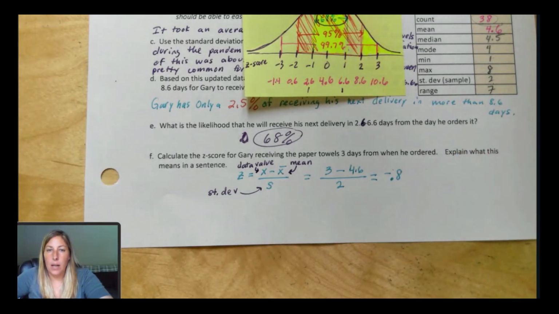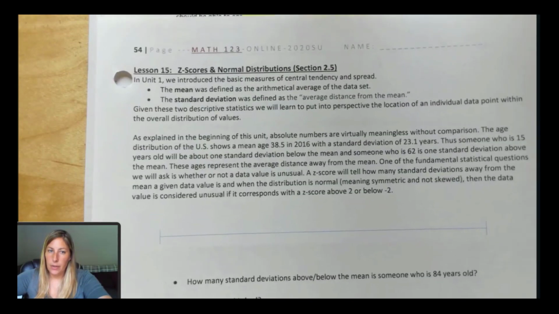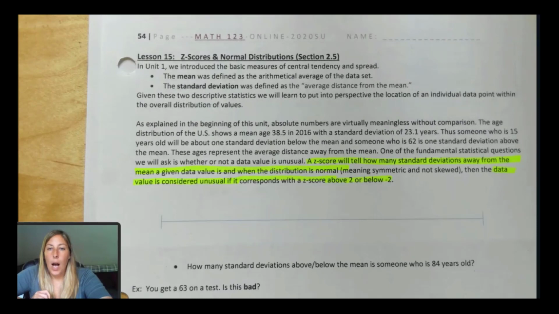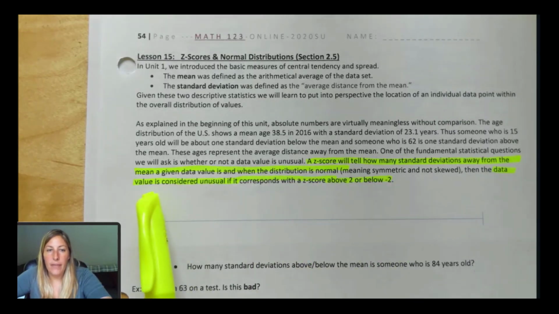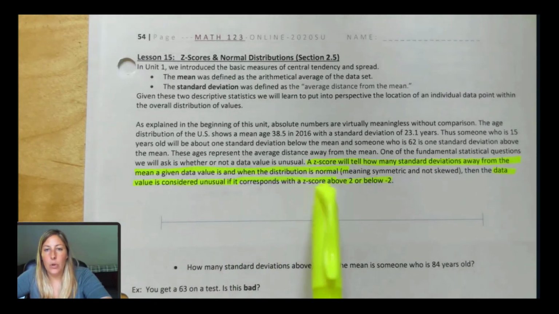Now we need to understand what this means. Let's go back and look at the definition on page 15. A z-score is going to tell us how many standard deviations away from the mean a given data value is. Assuming the distribution is normal, the data value is considered unusual if it corresponds to a z-score above 2 or below -2.